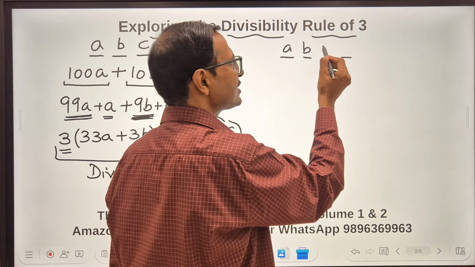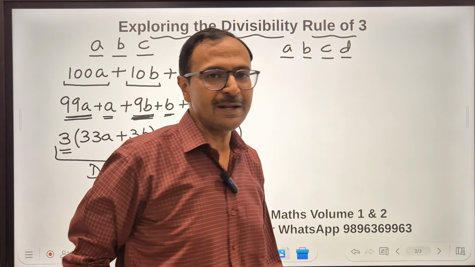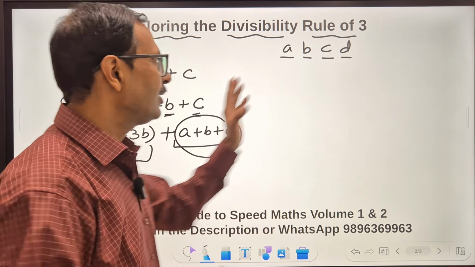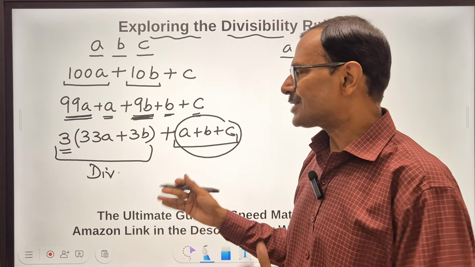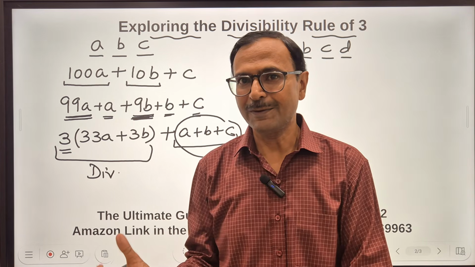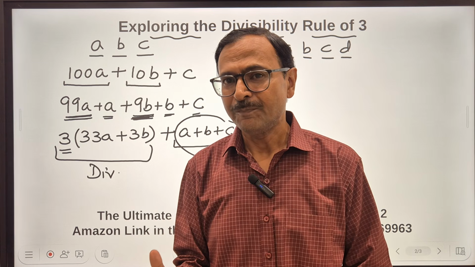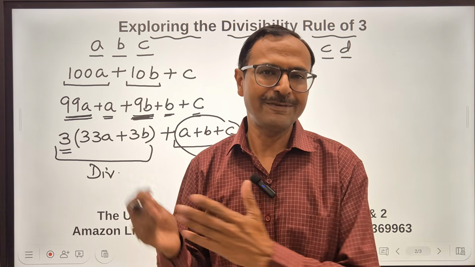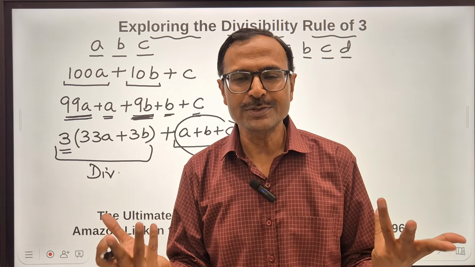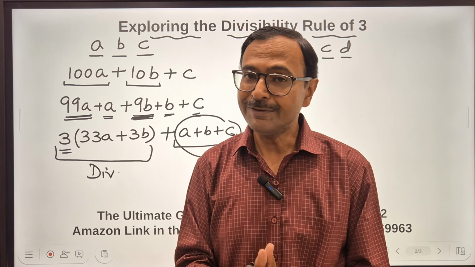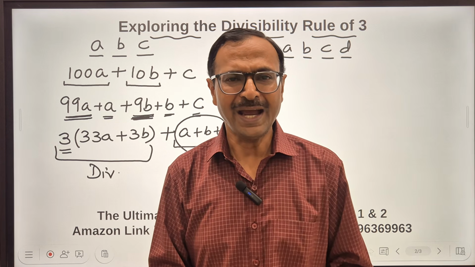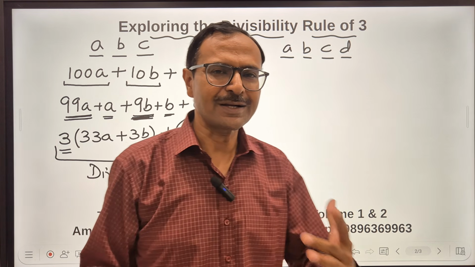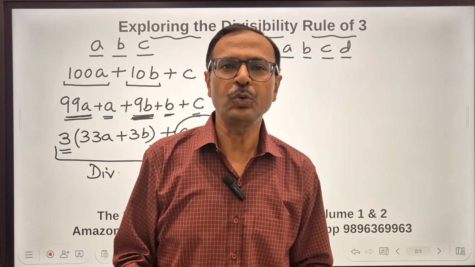But you can extrapolate it yourself once I explain the same rule for 4-digit numbers. Very amazing, right? Now you start understanding why a rule is formulated. And salute to those people who have given us these rules. We are the end users, we are using them without even thinking about the logic, the reason behind that. And the reasoning comes in when you start learning and start deep diving into the concepts.